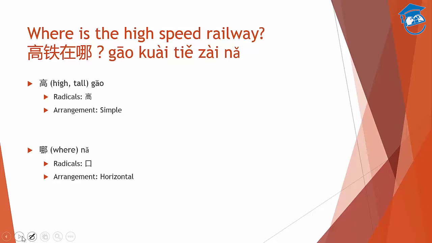So the new word here is 高. 高 means high or tall, and in this context, it means high speed. This word here would represent the meaning better. This is the pinyin and the radical is itself, so the arrangement is simple.